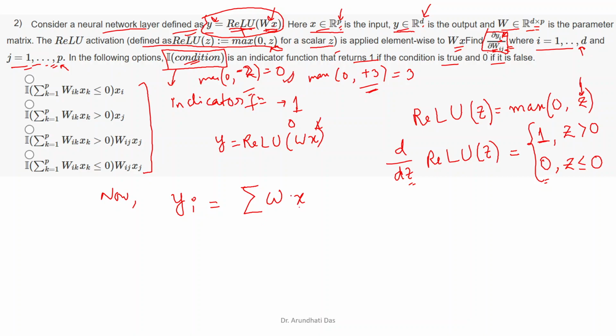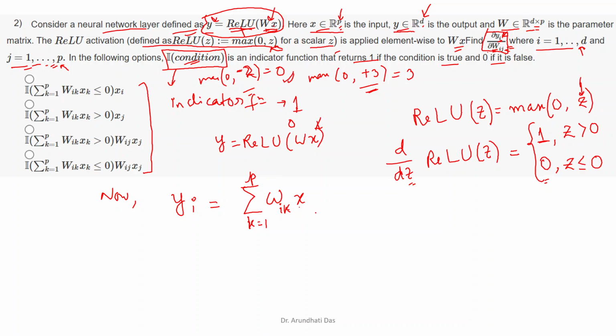So here I have this W, summed from k equal to 1 to p, because there are p input nodes, and hence for every output node I will have W_ik.